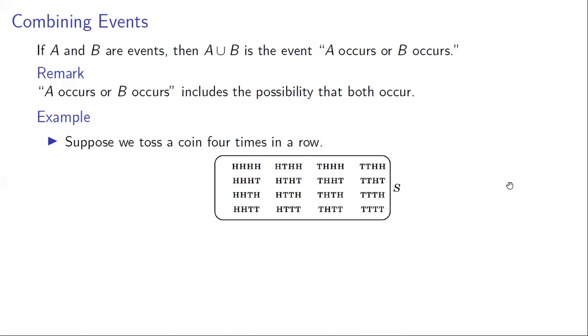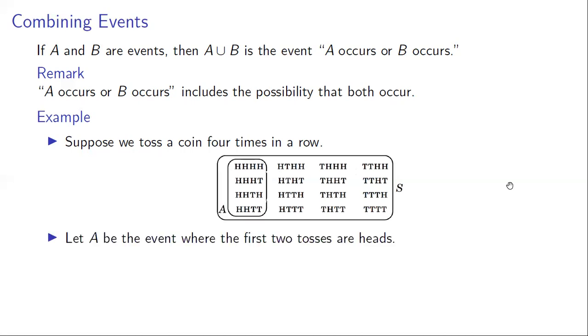Now let's talk about some events in this sample space, which are subsets of the sample space. Let A be the event where the first 2 tosses are heads. You see here in the diagram that part of it has been circled, and that's A. It's a subset of S, and it's the event where the first 2 tosses are heads.